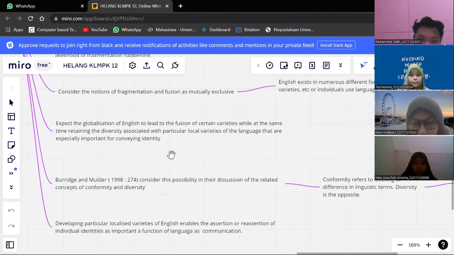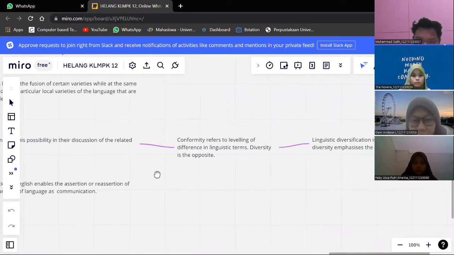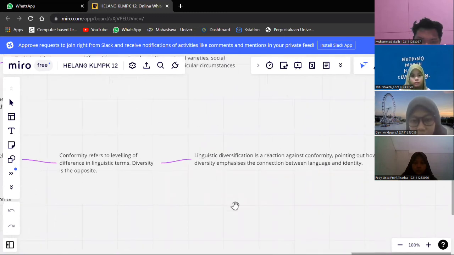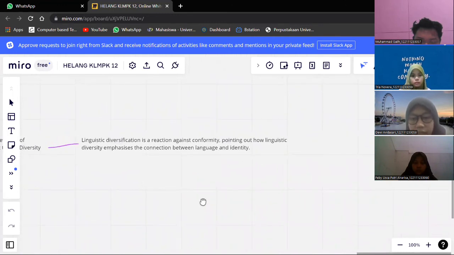Berrick and Mulder consider this possibility in their discussion of the related concept of conformity and diversity. Conformity refers to labeling differences in linguistic terms, and diversity is the opposite. Linguistic diversification is a reaction against conformity, pointing out how linguistic diversity emphasizes the connection between language and identity.